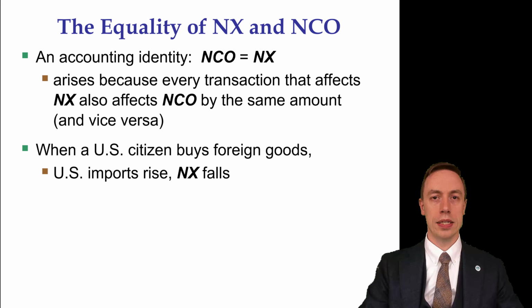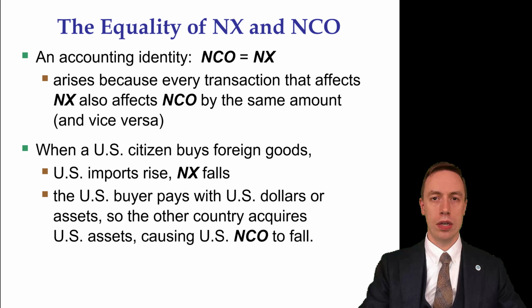US is engaging in an import that makes net exports fall. Step number 2. In exchange for that product, the US resident was paying American dollars to a foreign entity. That American asset is now in foreign hands and therefore makes US net capital outflow fall by the same amount as net exports did. This equality is also central to international economics.